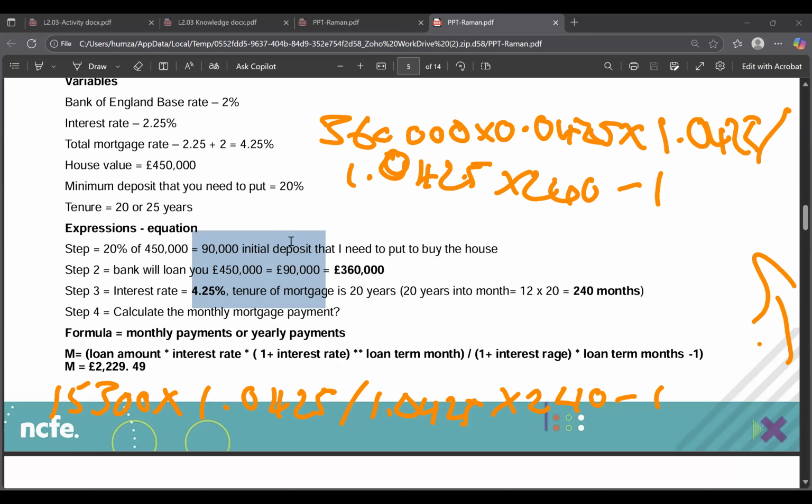Let's do that again. So 15,300 multiplied by 1.0425 equals that.